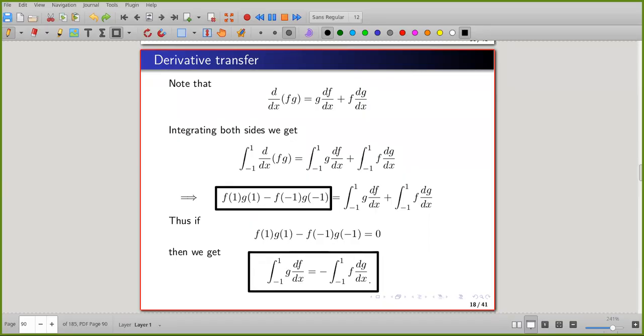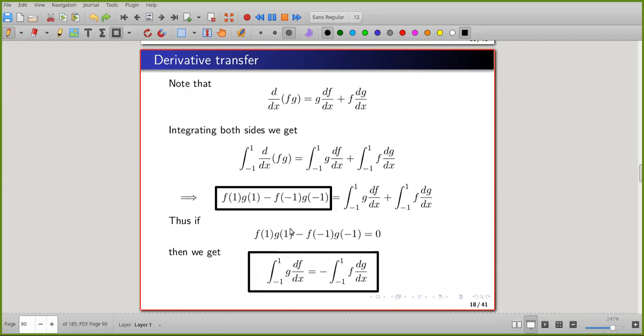We will use this trick repeatedly. It's called derivative transfer, and it will be used later in this course as well. If you remember this, it becomes a little faster to deal with integrals, though you could always do that computation.